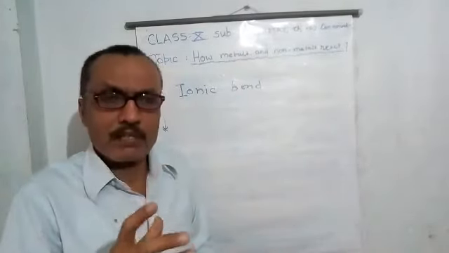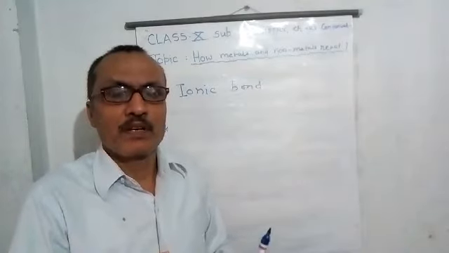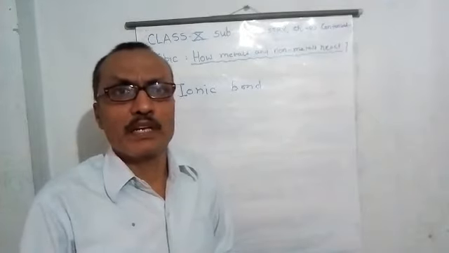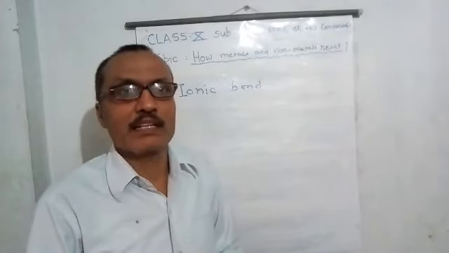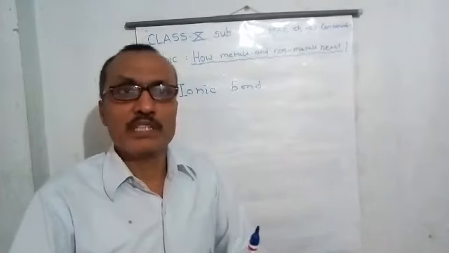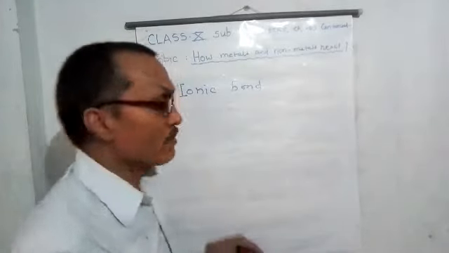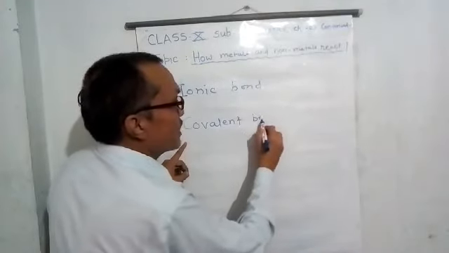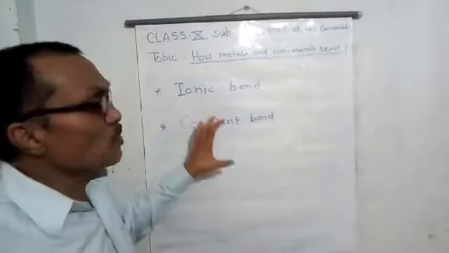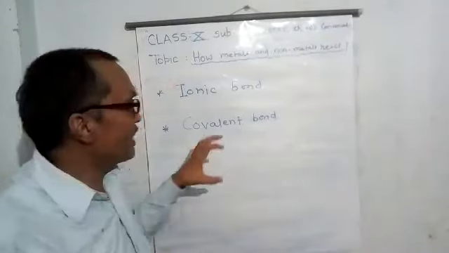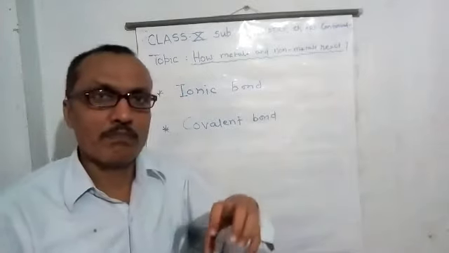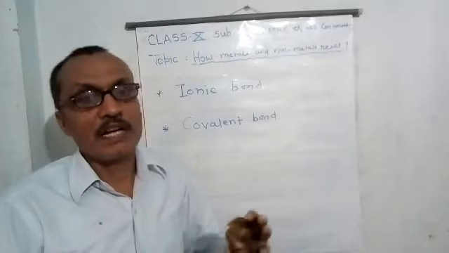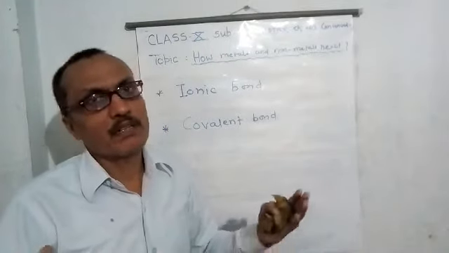If atoms share their outermost orbit electrons, in that case also a bond is formed between them, and that bond is said to be covalent bond. By making these two types of bond, elements combine together and form different compounds.